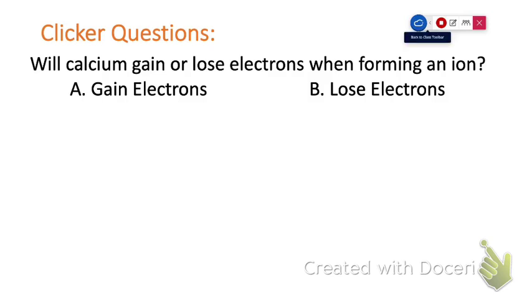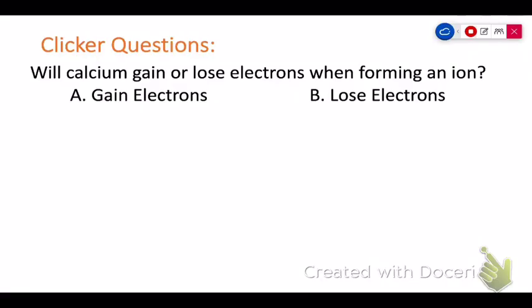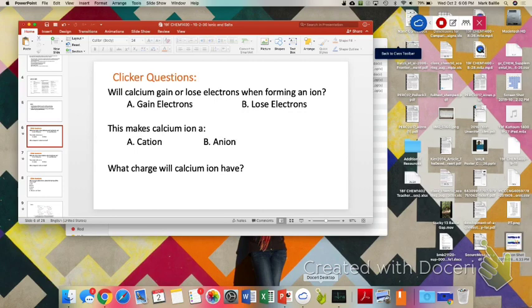All right, can I get an explanation while I deal with the technology? Why did you answer the way that you did? Volunteer. Jocelyn? How many electrons would it have to lose versus how many would it have to gain, and why would it lose or gain electrons at all?